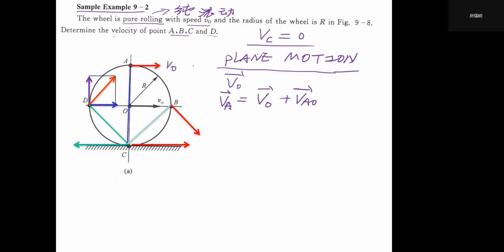So maybe I should slow my speed. We try to figure out the direction of VAO.